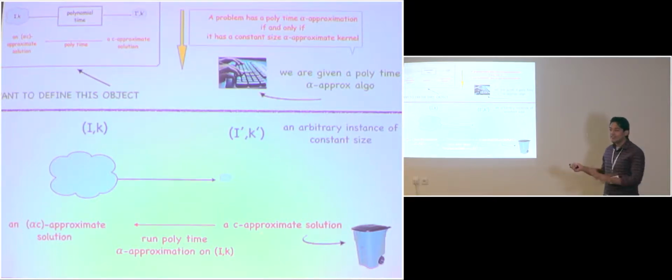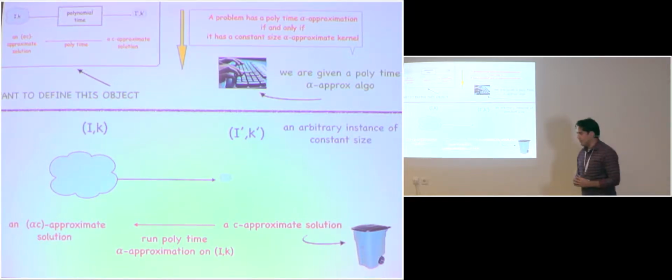Instead, I'm going to take this instance I, and run this assumed polynomial time alpha approximation algorithm to compute an alpha approximate solution and just return it. And since c is at least 1, whatever you return is definitely an alpha c approximate solution, whatever the c was. So this is very straightforward.